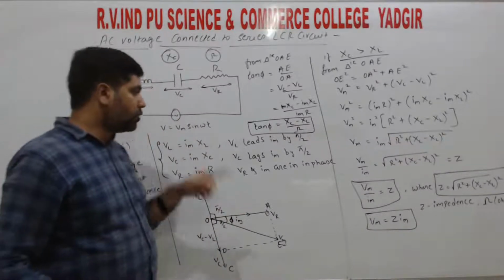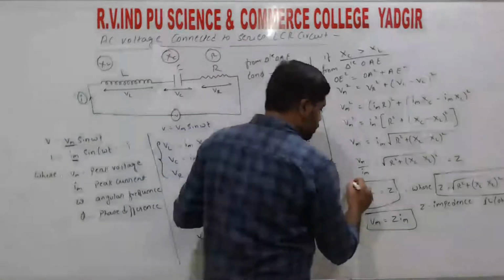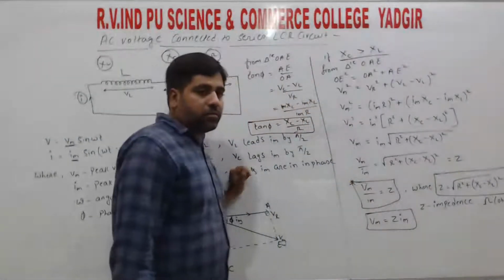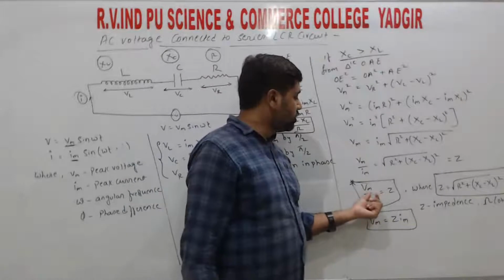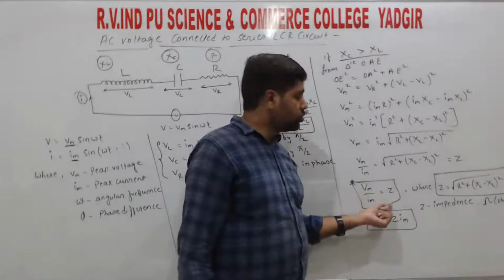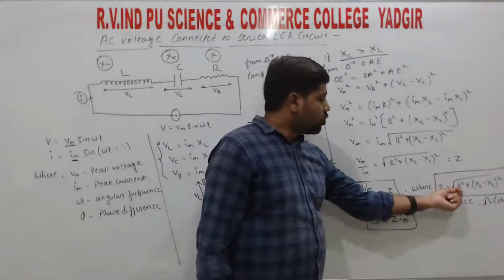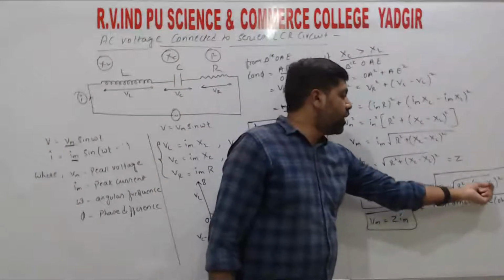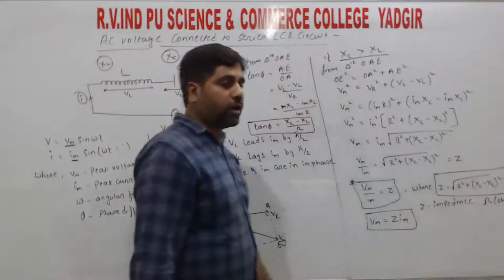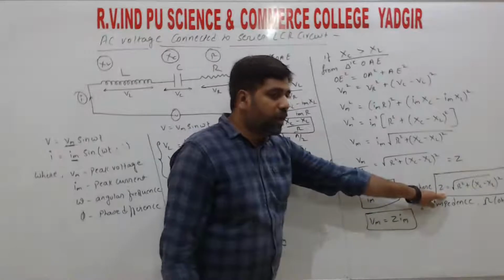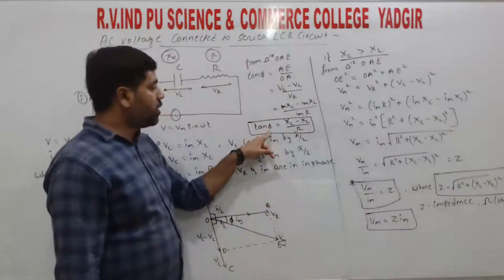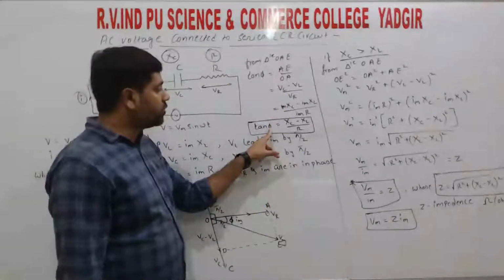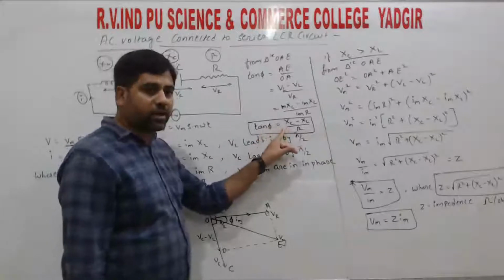So here this is one formula we can derive, or we can relate impedance, that is Vm by Im, where impedance Z is the square root of R square plus Xc minus XL whole square, right? So this is the impedance, and here we are getting the phi. So we can write phi is equal to tan inverse, the trigonometric function, right?